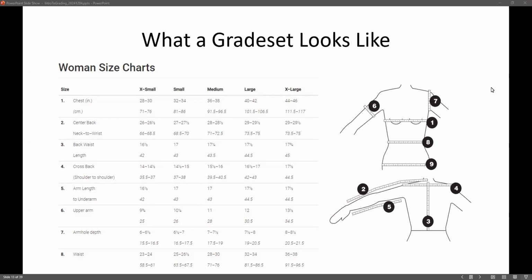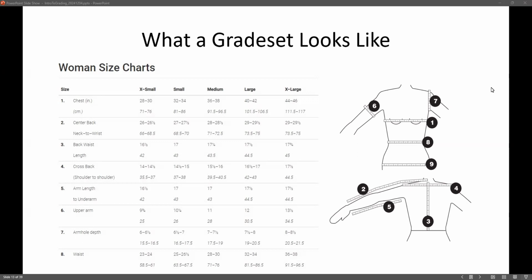For a bunch of different bodies, men, women, children, and a bunch of different garment types, including socks, hats, mittens, they've given you a collection of body measurements. Here, what they have is the chest circumference. The number 2 here is the center back next to wrist.